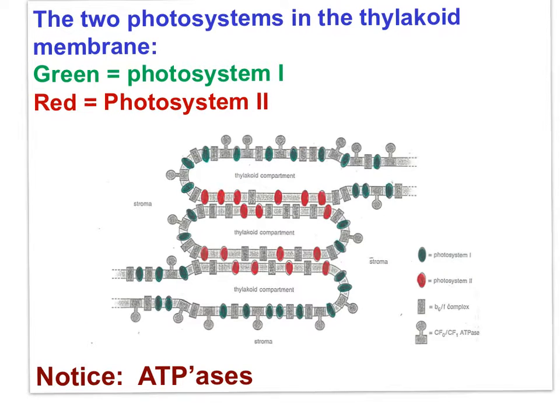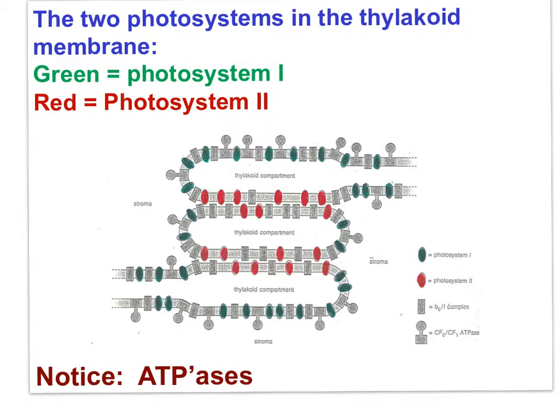Here are the thylakoid membranes within a chloroplast. We can see a lumen here and here and here. These are compartments within those thylakoid membranes. Photosystems 2 and 1 are embedded in the thylakoid membrane, as are electron transport systems.